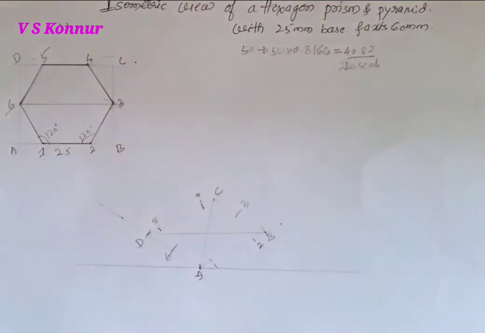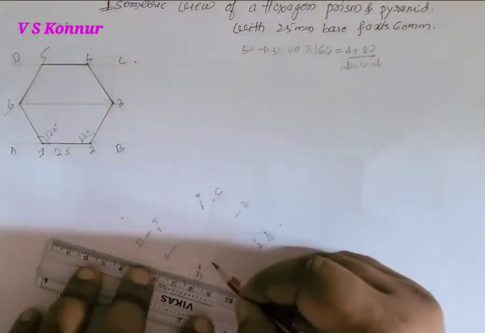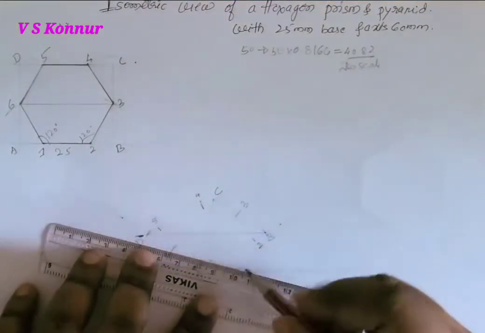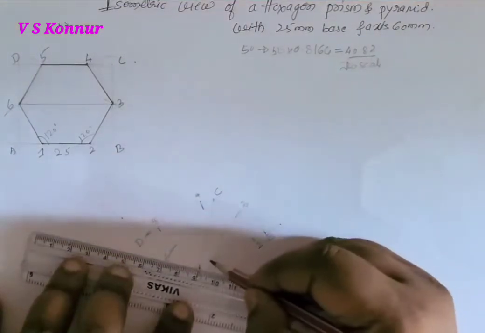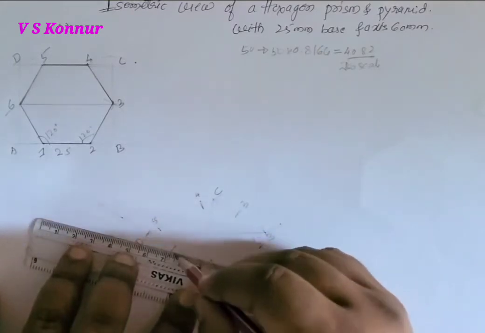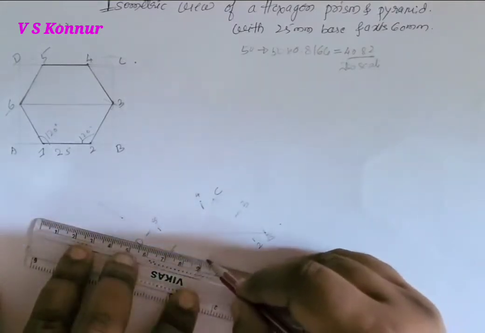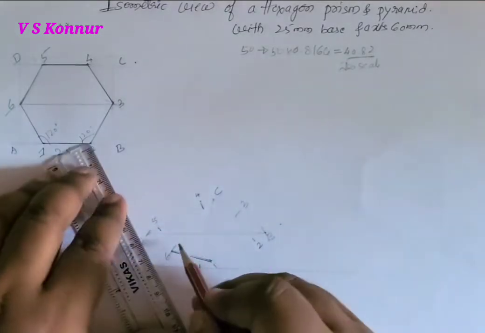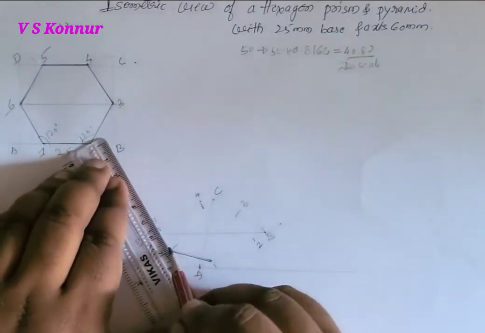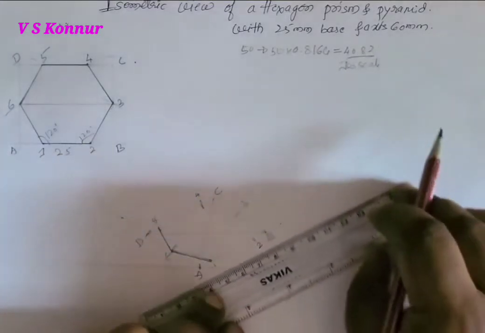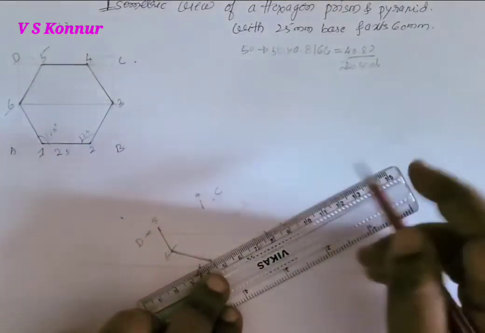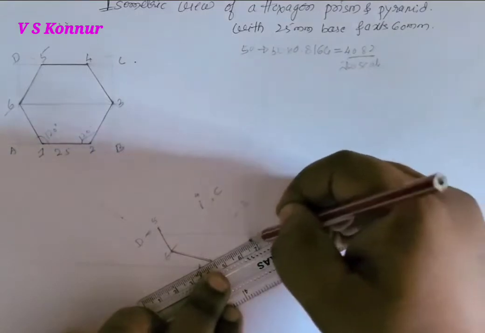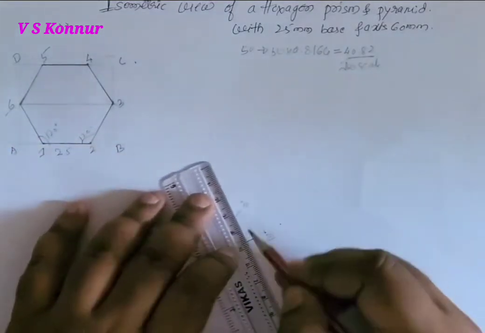Then we have to join 1 to 2. So first we'll join 1 to 6 here. And then 6 to 5 I will join. And then 1 to 2 will make, and then 2 to 3.